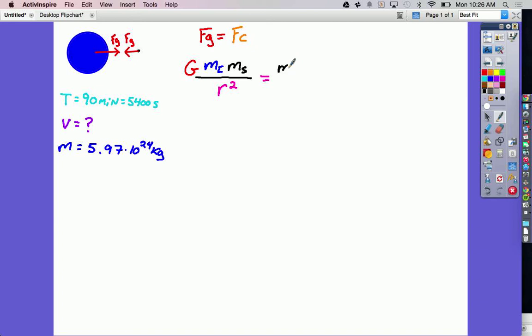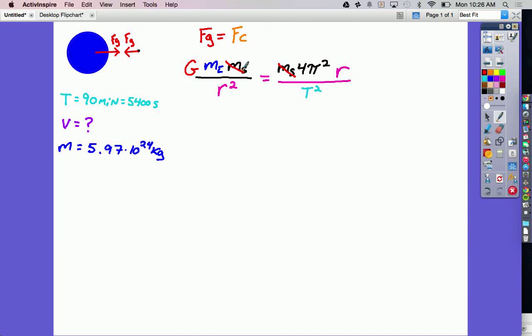So the m is the mass of the satellite, because that's going around, 4 pi squared r all over t squared. Now I can eliminate the mass of the satellite, because that's just going to cancel.